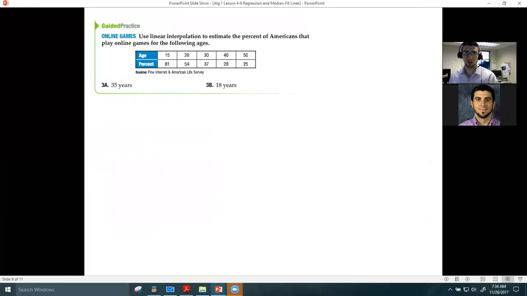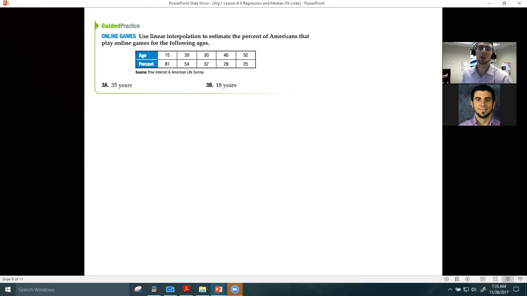Okay, we're back. So using linear interpolation to estimate the percent of Americans that play online games for the following ages. Remember, what you had to do was enter it into the list, graph the scatter plot, then get the regression equation, the linear regression, that was number 4 on the stat calculate menu, then graph that equation in your Y equals menu. Then you go back and adjust the viewing window so that it goes out as far as you need to.